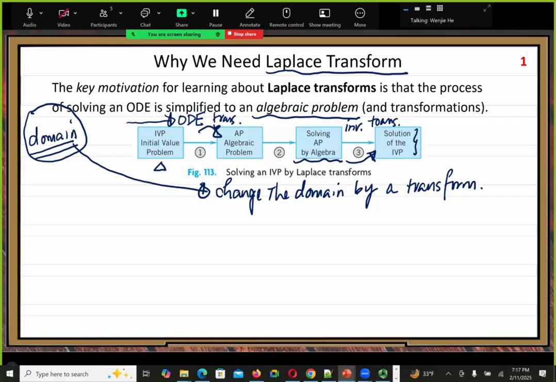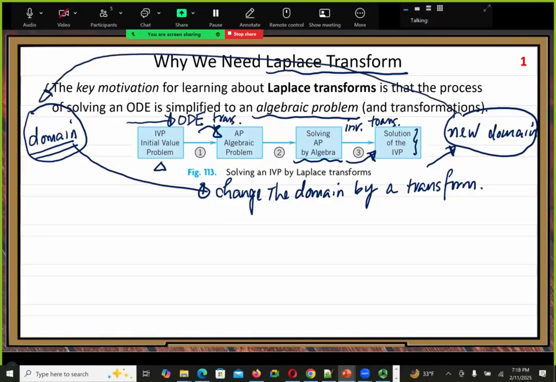After you find a solution in the new domain, so here we assume some new domain, you do the problem solving in the new domain. But after you get a solution, you need to go back to the old domain by the inverse transform.